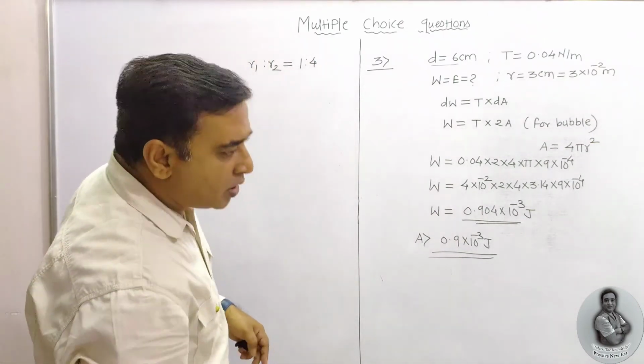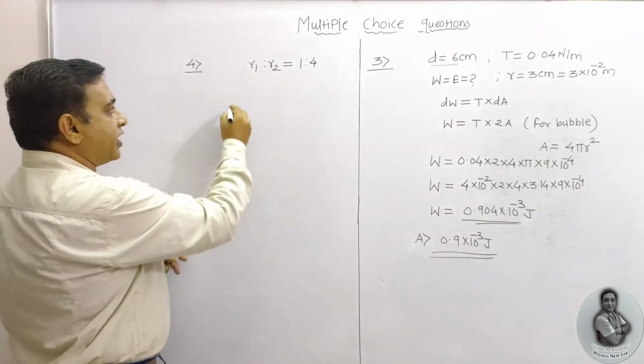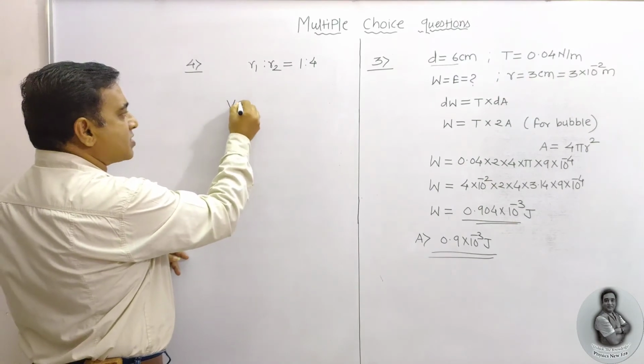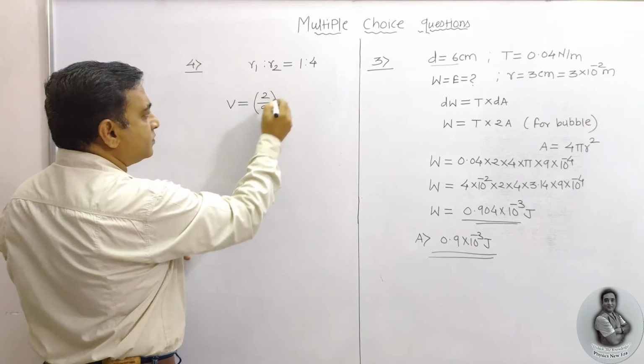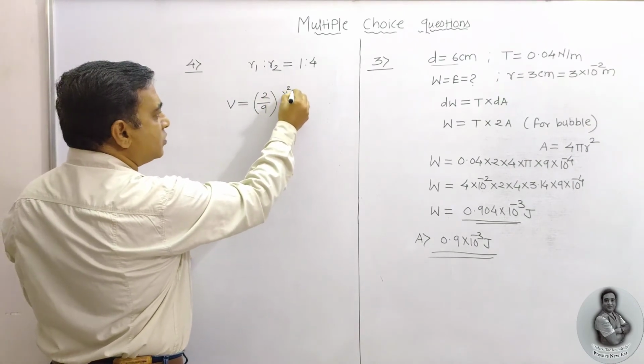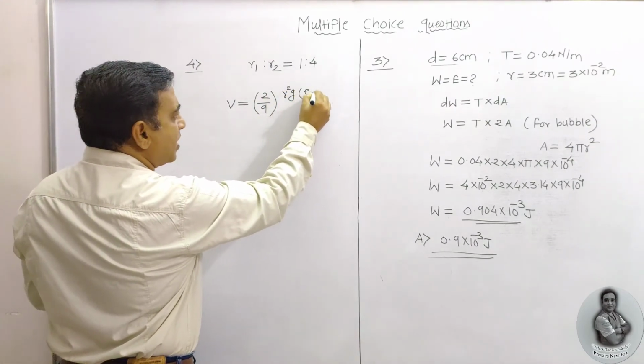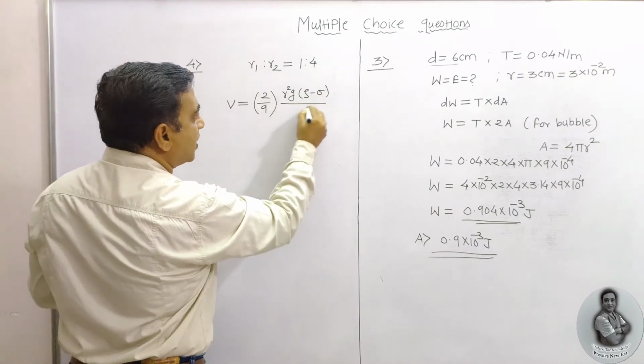What about terminal velocity? We already got the equation that velocity is equal to 2 by 9 r square into g into rho minus sigma upon eta.